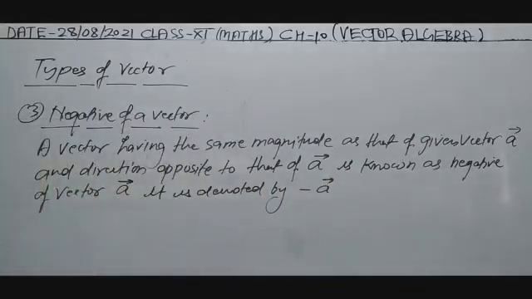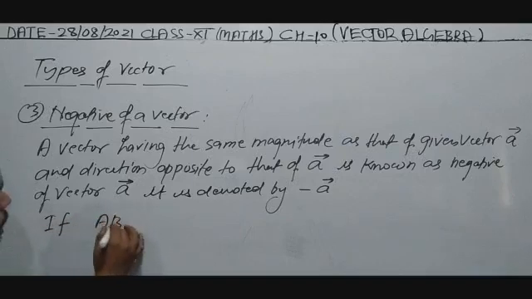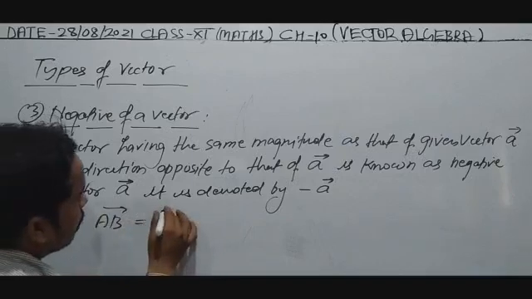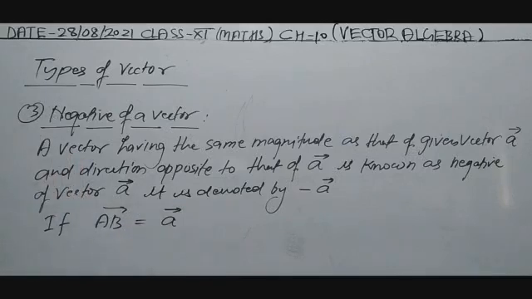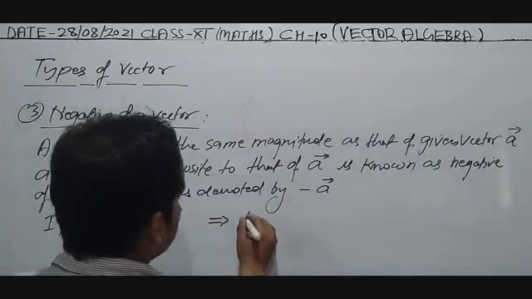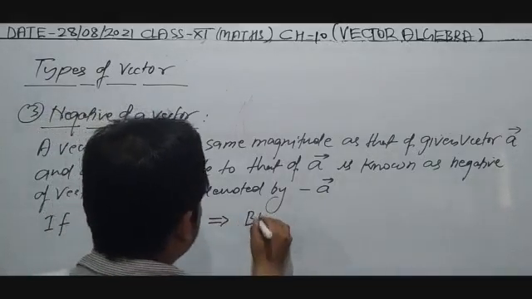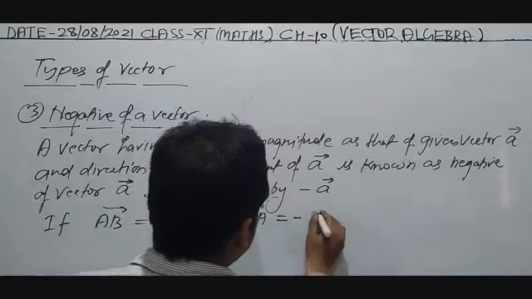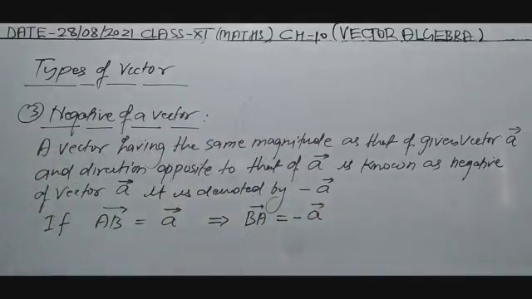So we can write, suppose vector AB is equal to vector A, then vector BA we can write as minus vector A. Now this is the negative of vector A. Now the third definition is completed.